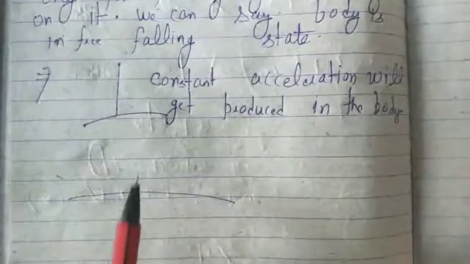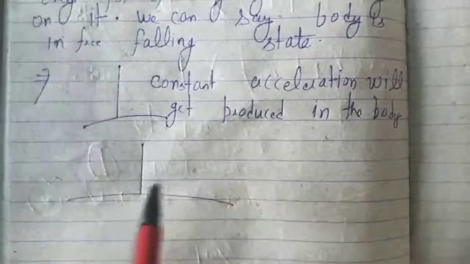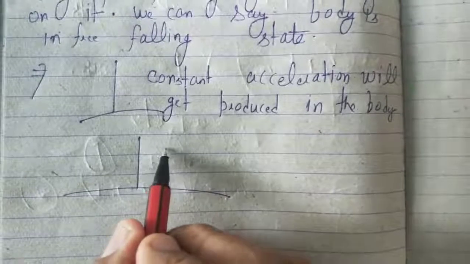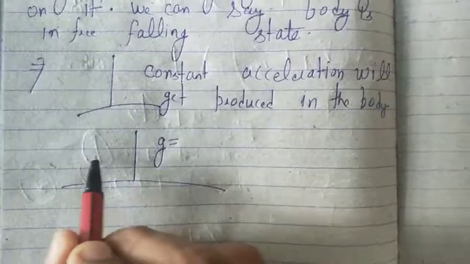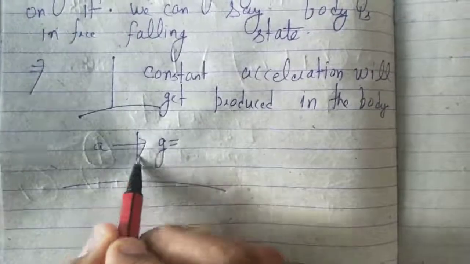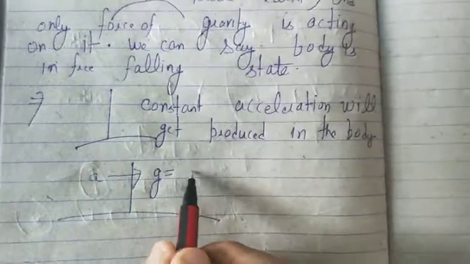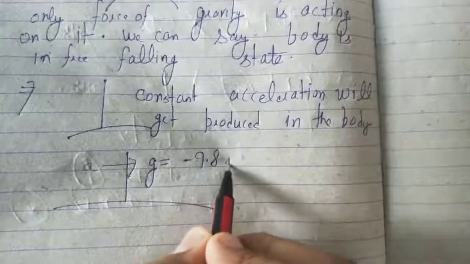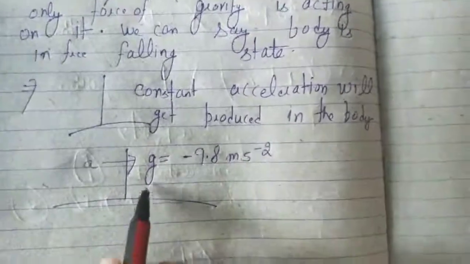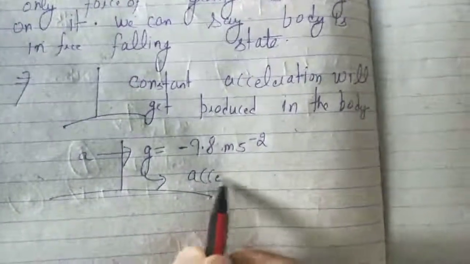The body is moving toward the surface of earth now. This acceleration is known as acceleration due to gravity. It is represented by g and its value is minus 9.8 meter per second square. This is acceleration due to gravity.